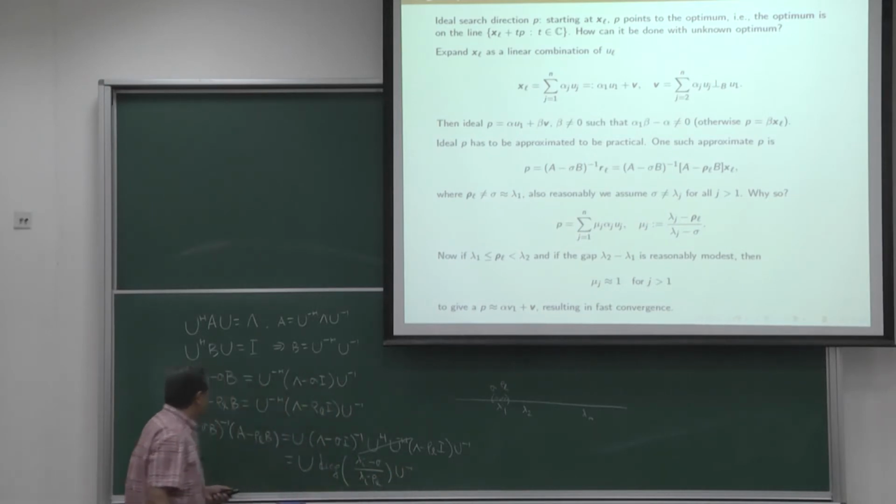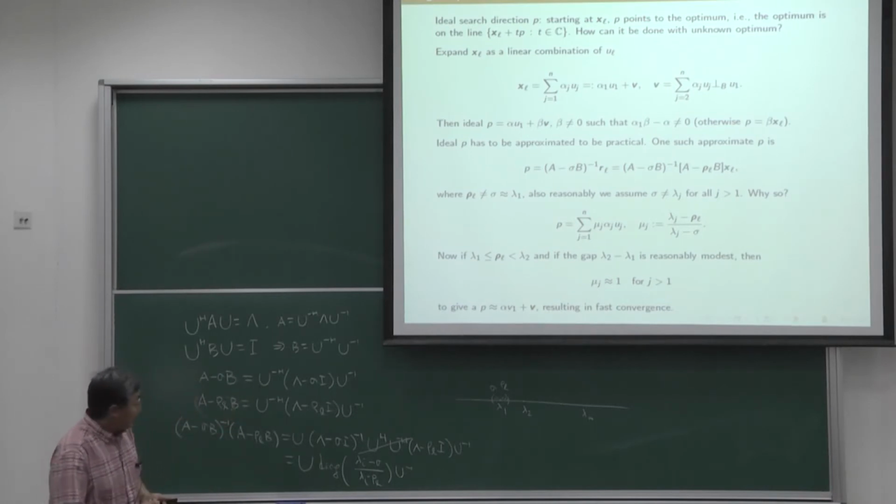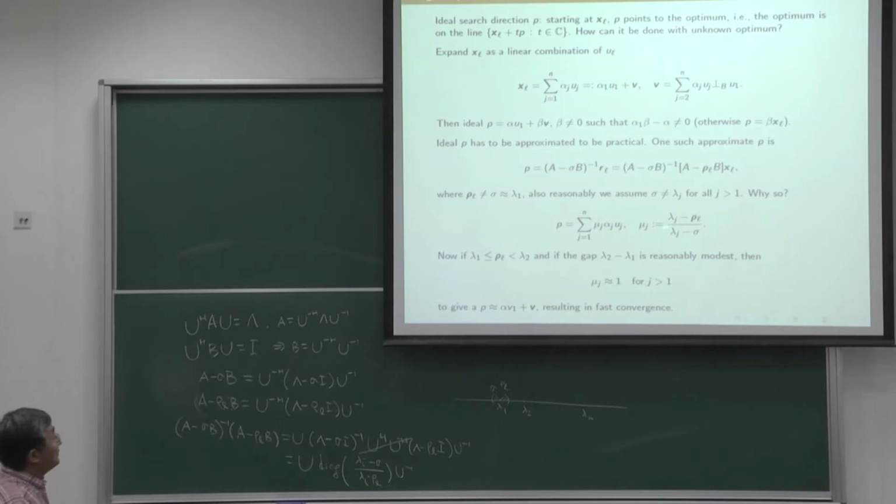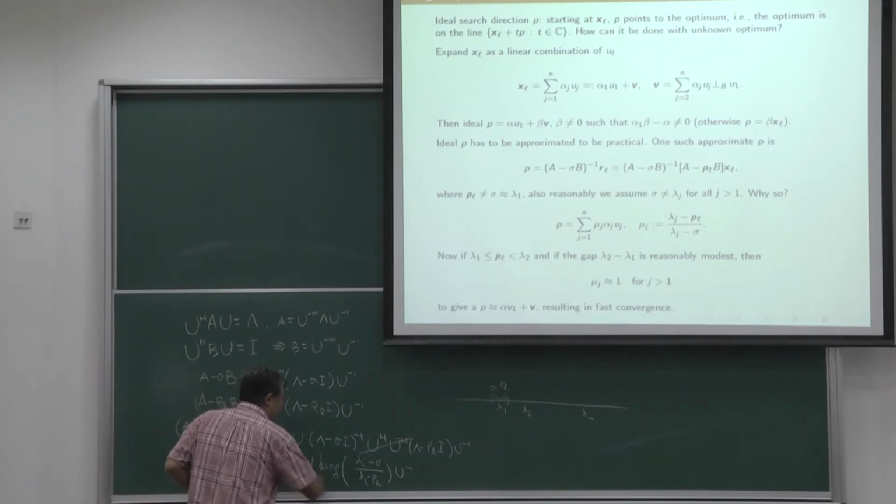Then put the decomposition right here. You discover p equals the sum of mu_j alpha_j u_j, where alpha_j is from the original expansion, and mu_j is lambda_j minus sigma over lambda_j minus rho_l.